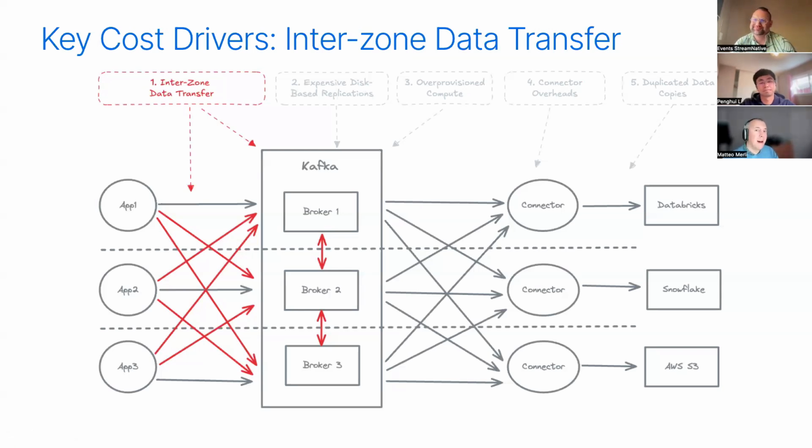If you're sending, say, 100 megabytes per second, you're already crossing the boundary 4 times that, so it's 400 megabytes per second crossing the AZ network boundaries. You can see that because of these multipliers, it can become significant very quickly. Also, if you have multiple consumers of the data, that means multiple copies going out, which is also crossing the boundary multiple times. So it can quickly become the most dominating factor in the cost.